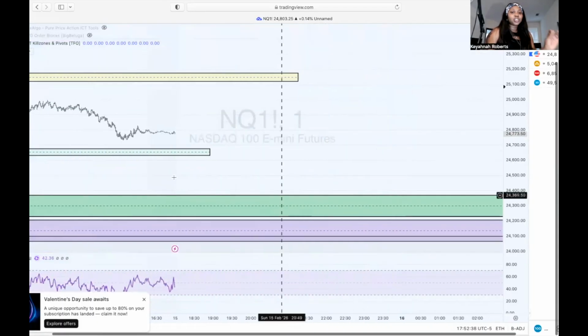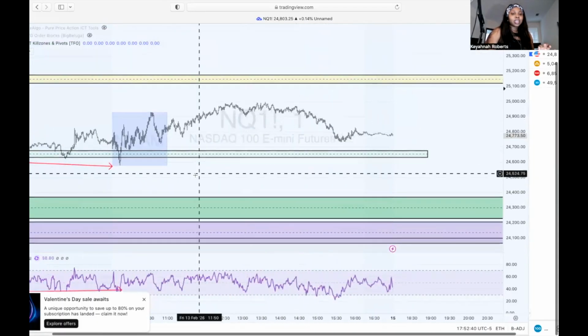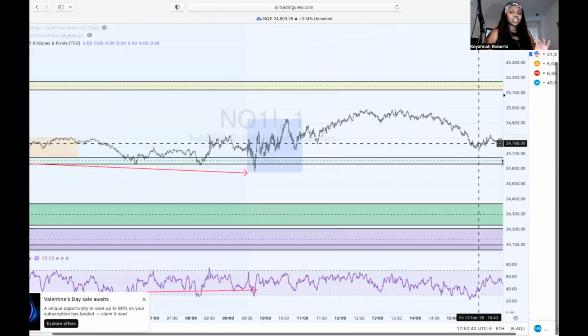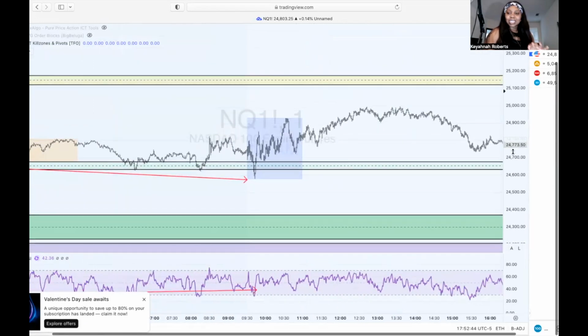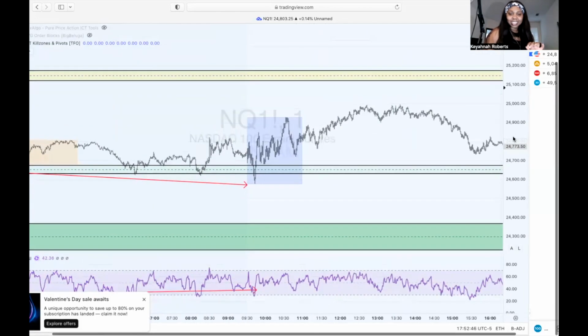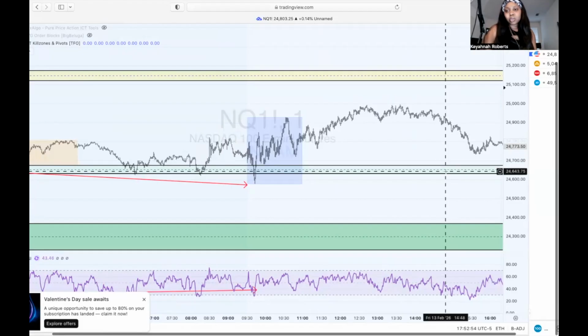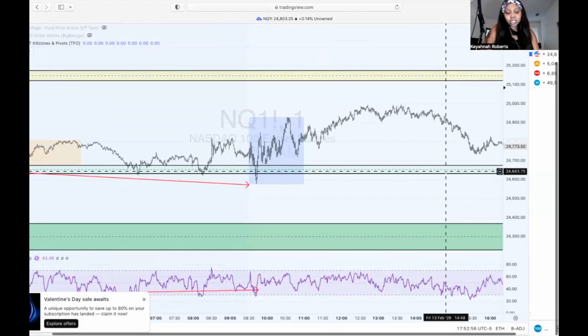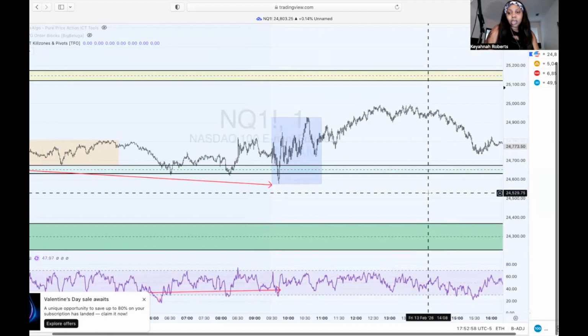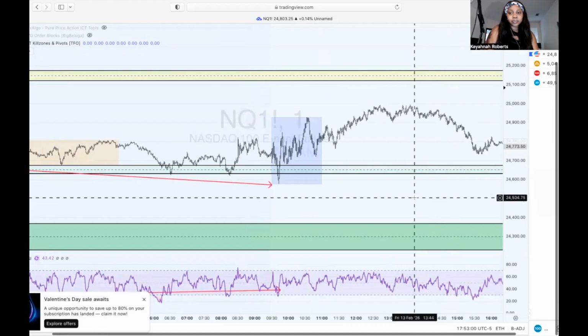I'm going to show y'all the structure that I see, but it just wasn't given. There are always going to be trade opportunities, so if it isn't giving me what I want to see, I'm not going to force it. I'm not going to chase it. It has to be what I want to see.